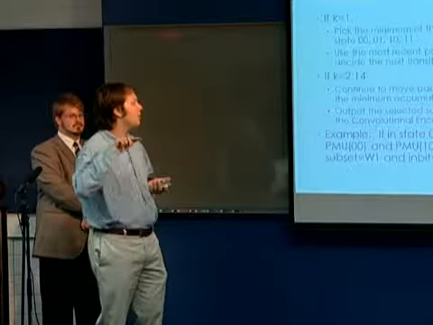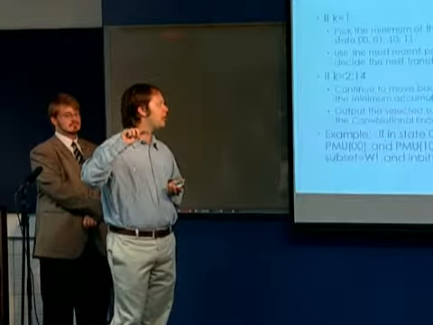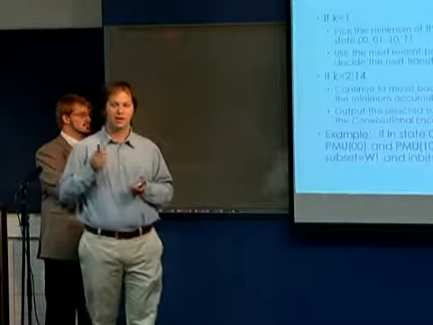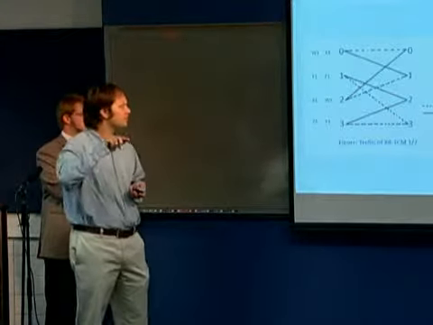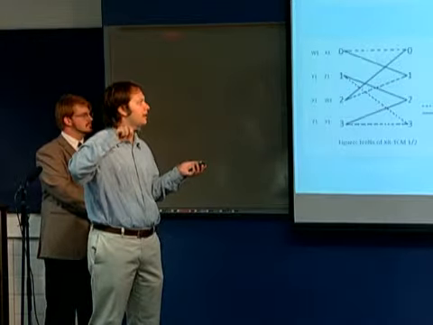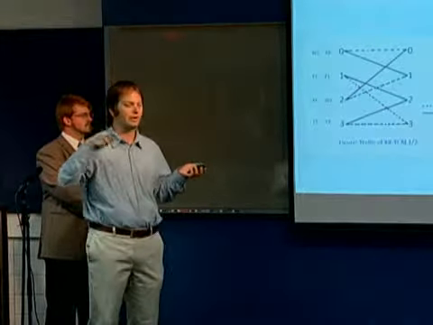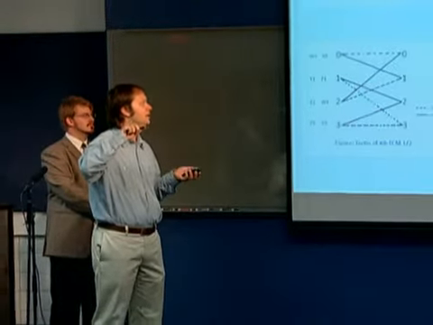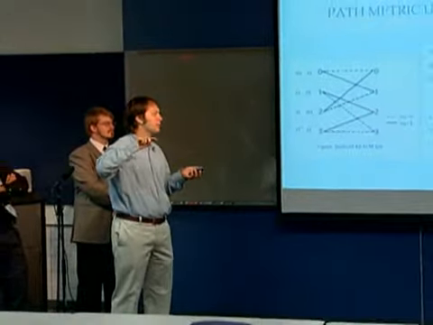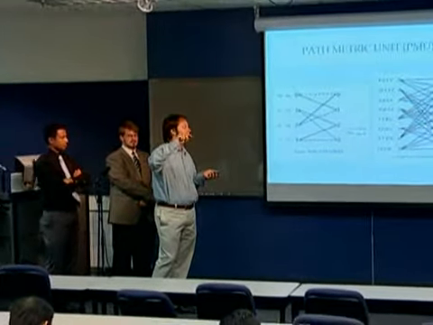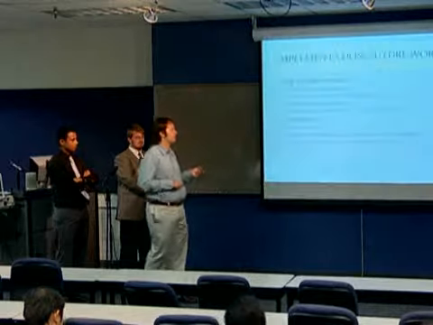So we're going through picking the minimum accumulated path metric unit at each point and making that transition. Going forward, we went from here to here, here to here, and we tried all those. Now we're going from here to the minimum of this, this, this, or this, because those are the possible transitions to get to it. Now we're trying to get back from it. We're going backwards through the trellis.